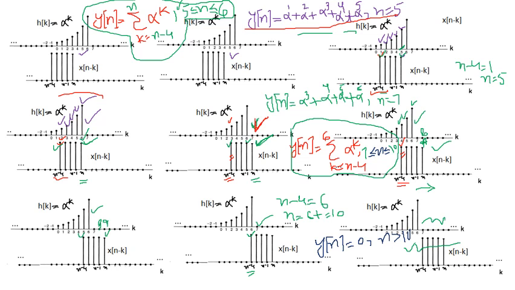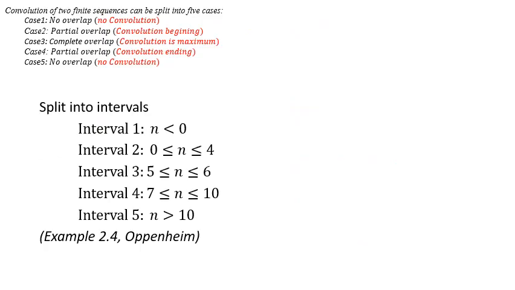Okay, so let's write the generalized expression for the output. First we find y of n, and we see that y of n equals 0 when n is less than 0.